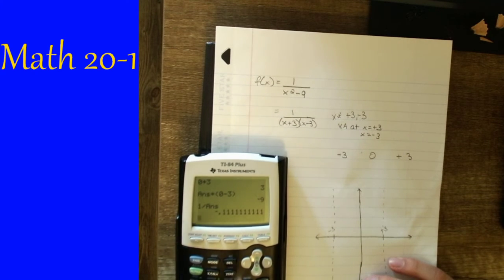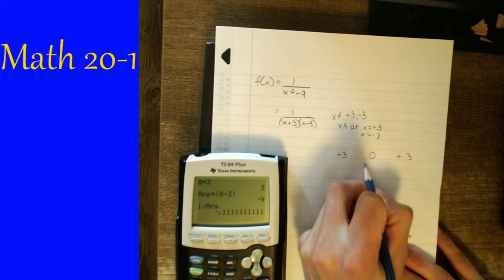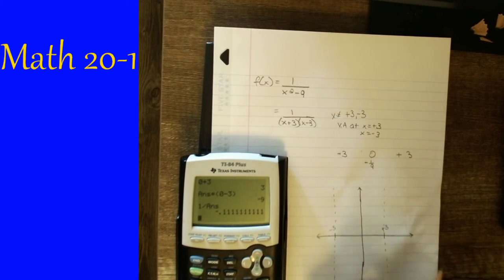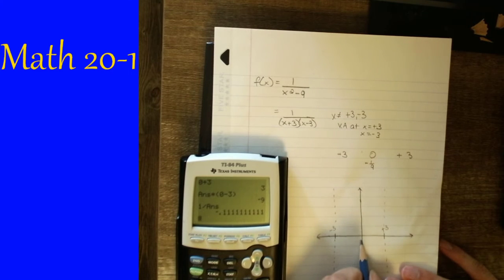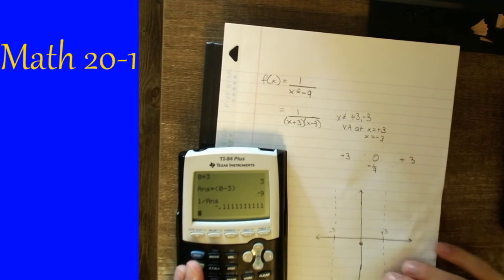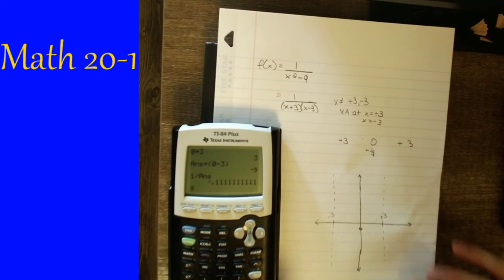So that's negative 0.111 repeated. I recognize that as negative 1 over 9. And the key point here is that it's negative. So at x is equal to 0, it's roughly around here. There's no scale, so long as it's below 0, that's fine. That's what we're looking to try and figure out.